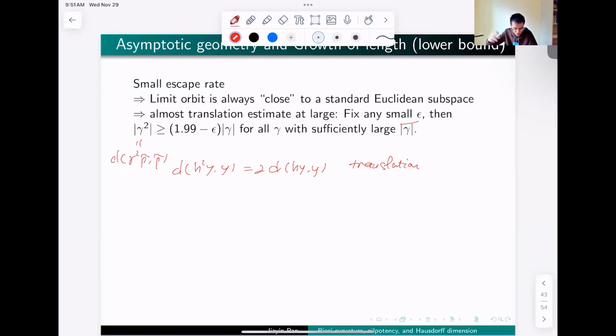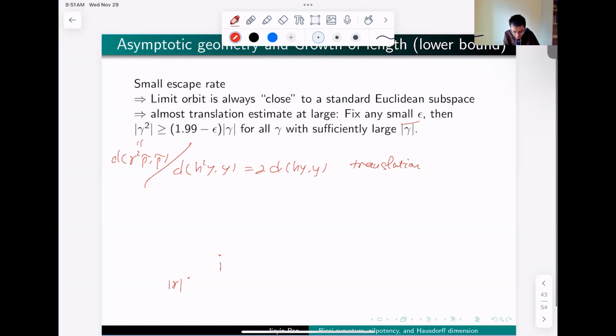Sufficiently large, because you are saying the asymptotic cone has this property, and then you're going back, so you need a large gamma. But the takeaway here is that every time you take a square, it's almost twice the distance.